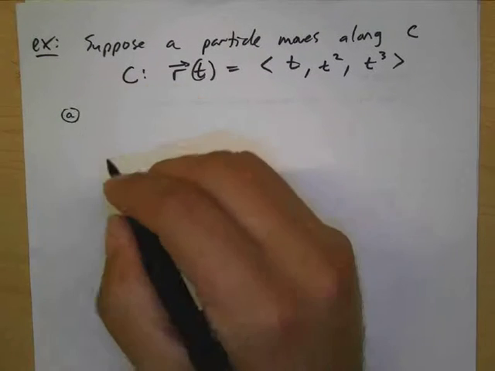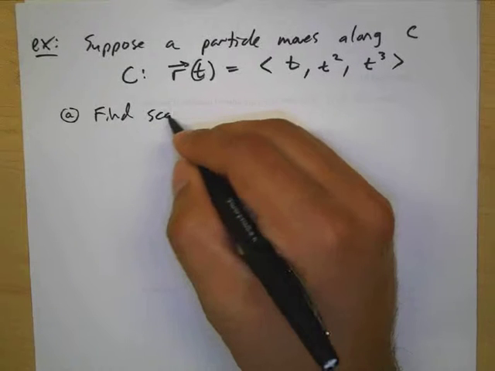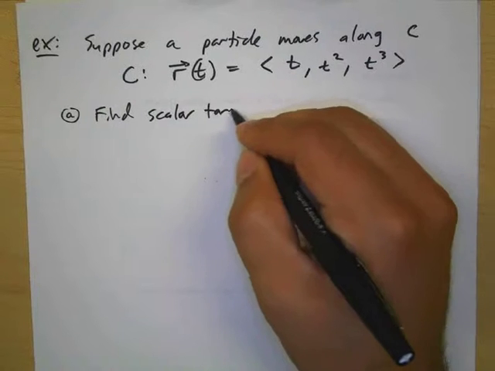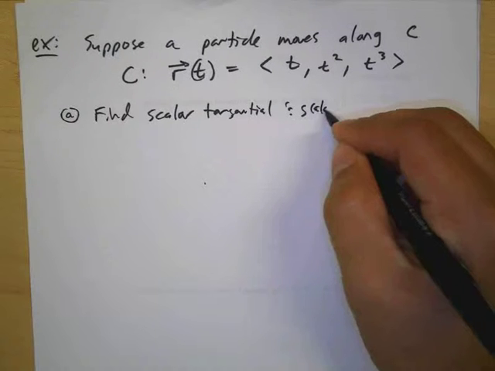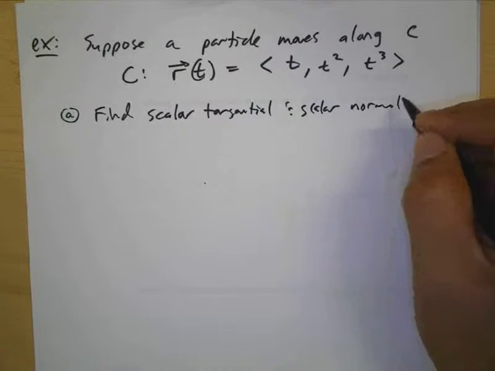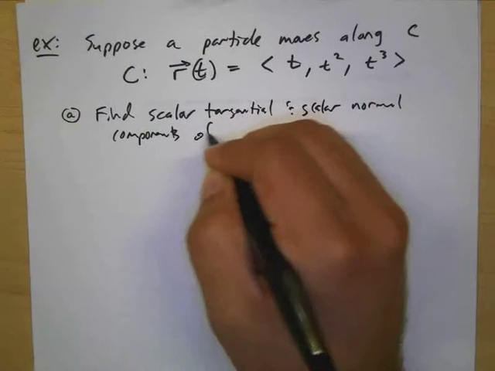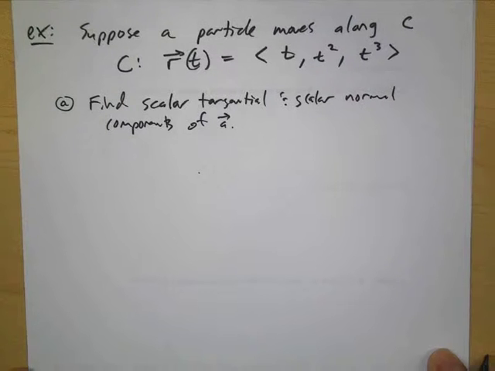One thing you might be asked to do is to find the scalar tangential and scalar normal components of acceleration. So this is putting into effect what we just derived.